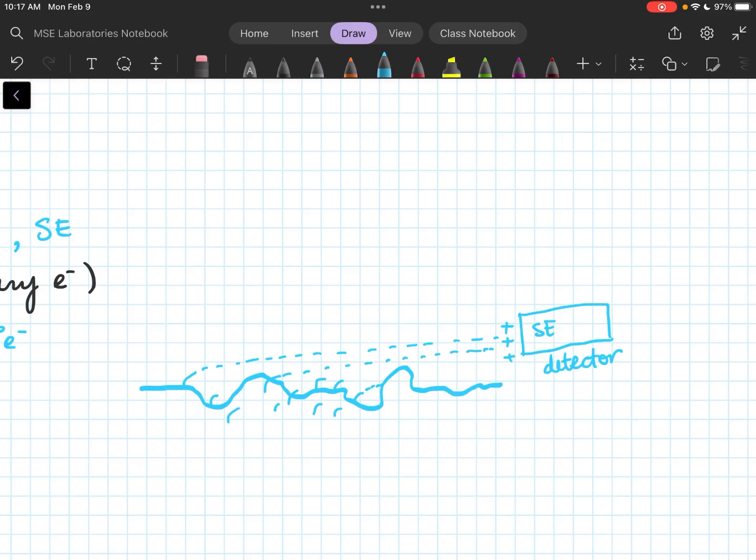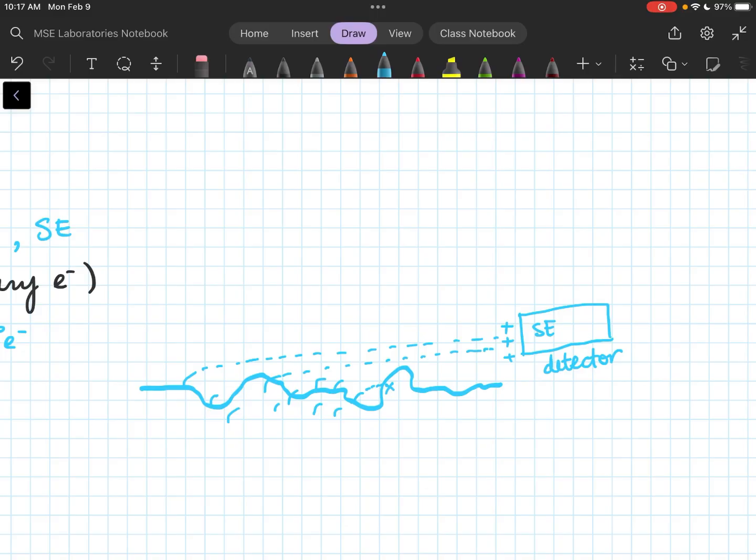Some of these electrons, between where they got kicked off and the secondary electron detector, as they're trying to travel along this line, get intercepted by a piece of the surface. So this electron is going to die here inside the material. It's going to be reabsorbed by some other atom that probably lost an electron when it got whacked with the primary beam. Sad.